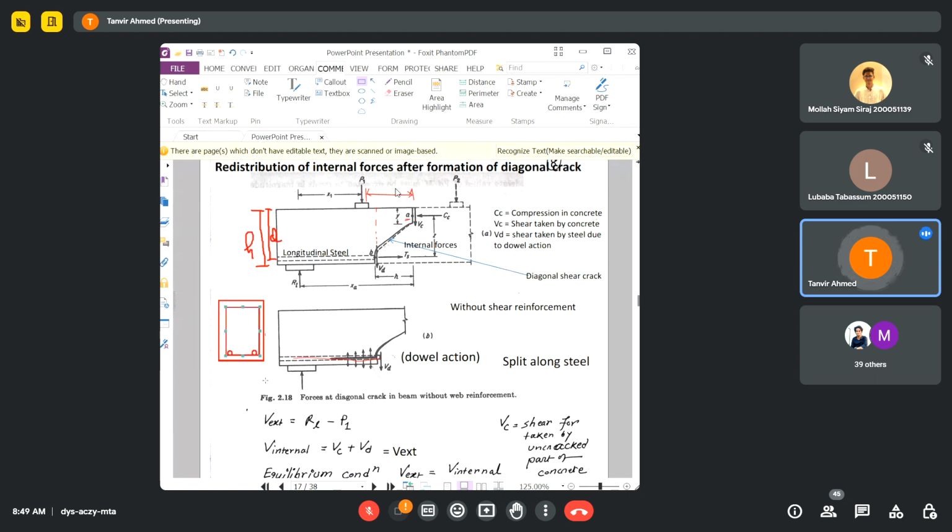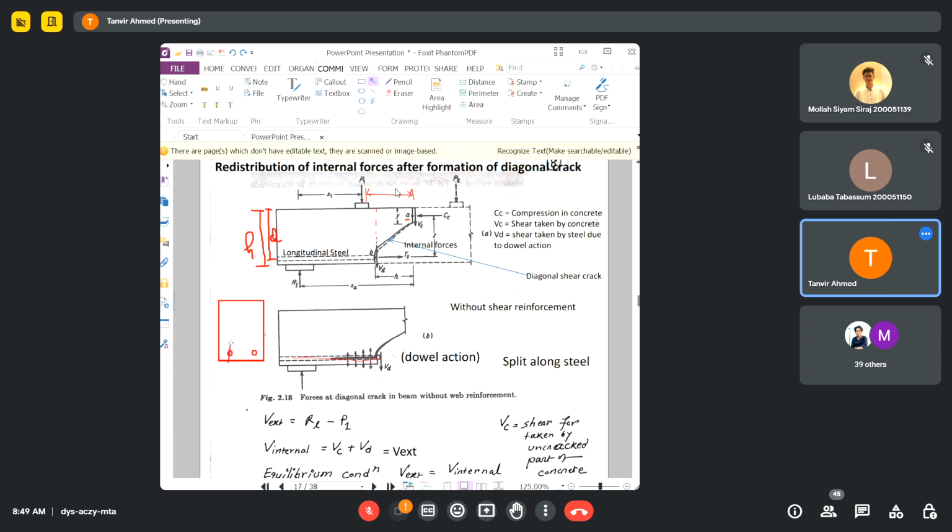Oh, sorry, this is without the stirrup. So in this particular case we are not considering the stirrup. This is for a beam with longitudinal reinforcement only, without any stirrup. So this Vd will work in those two reinforcements, right?